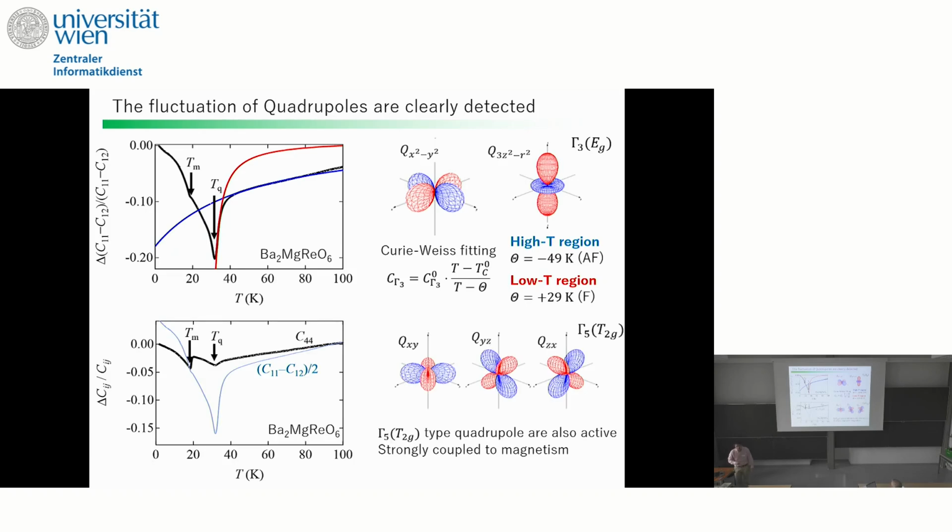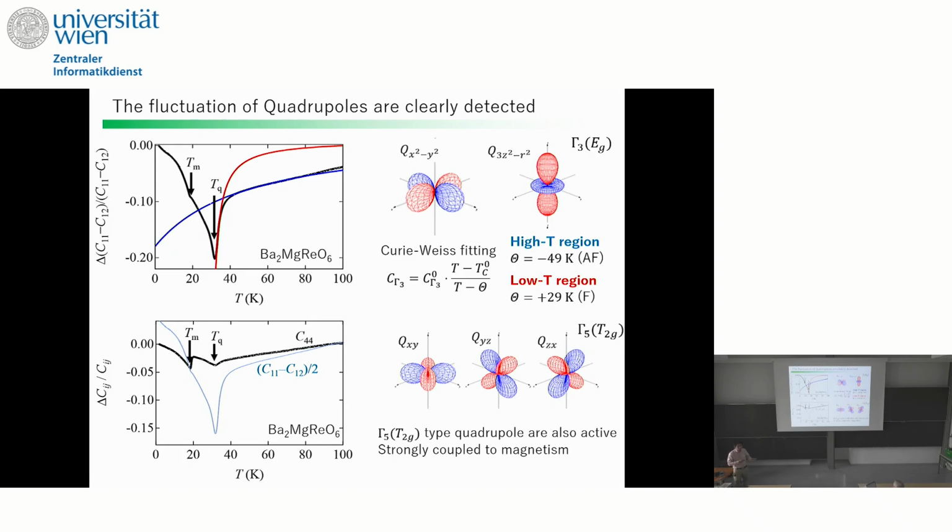Another interesting thing is we checked a different kind of elastic constant, and this C44 mode couples with gamma-5 type quadrupole moment. We also saw this softening toward TQ and hardening above that.